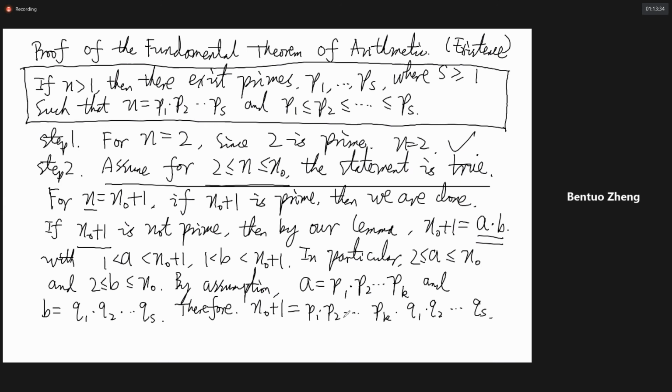And of course, you can rearrange this. It is clear that we can rearrange those primes in increasing order.